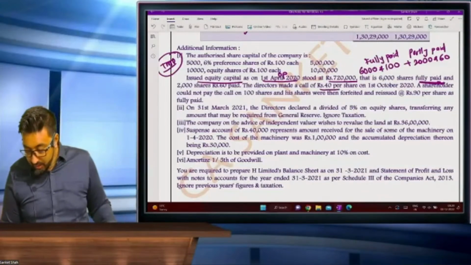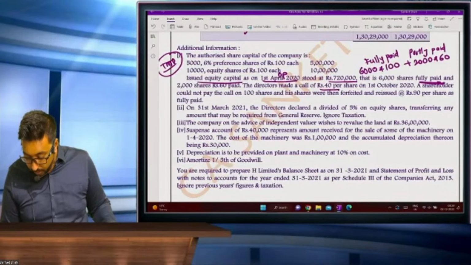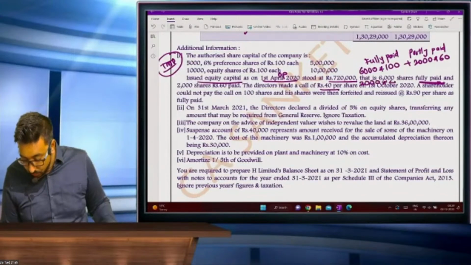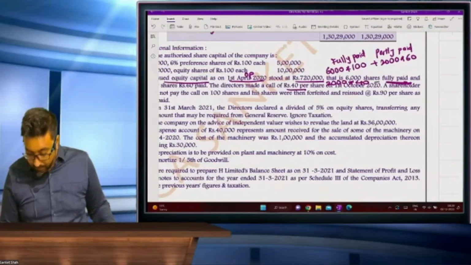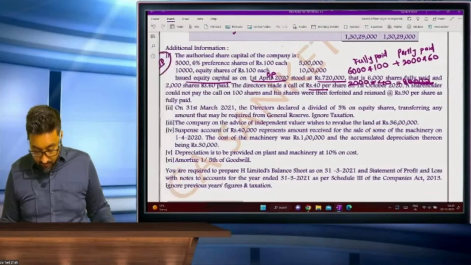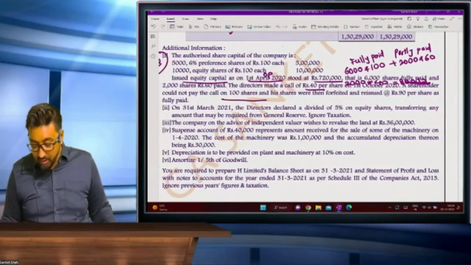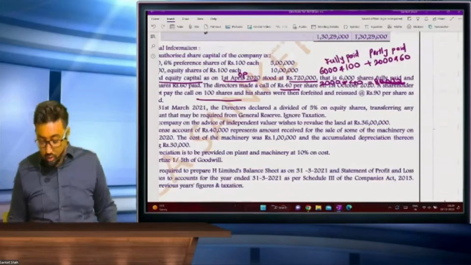The directors made 40 rupees call, 2,000 into 40. So beta, 80,000. But 100 shares के ऊपर a shareholder could not pay.